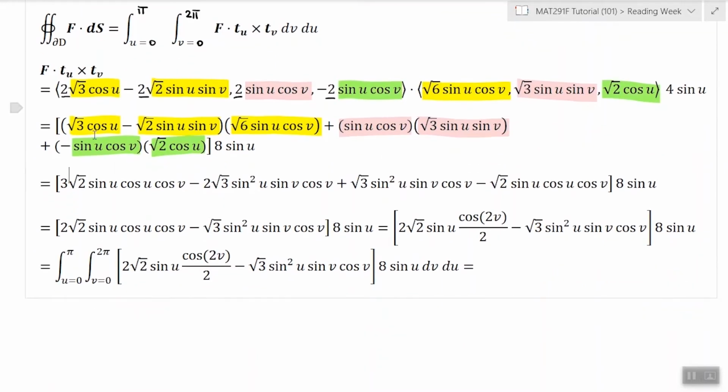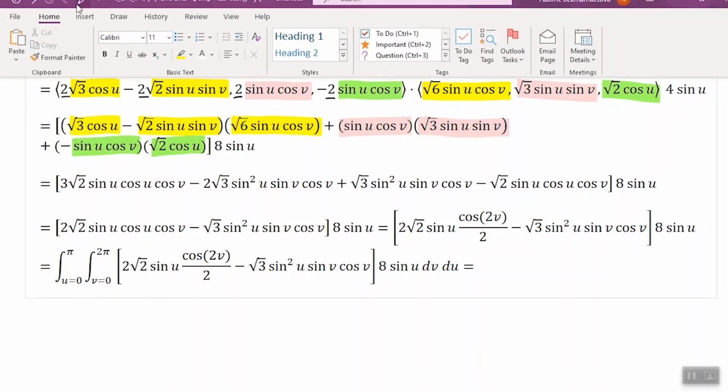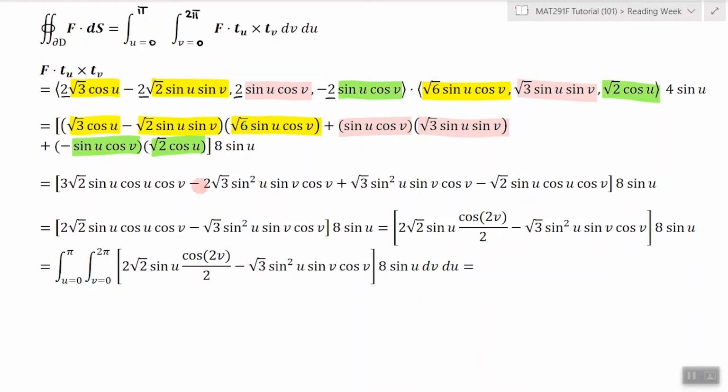And then next thing I did is I expanded this product. Here's what I did. I took a product of square root of 3 and square root of 6.